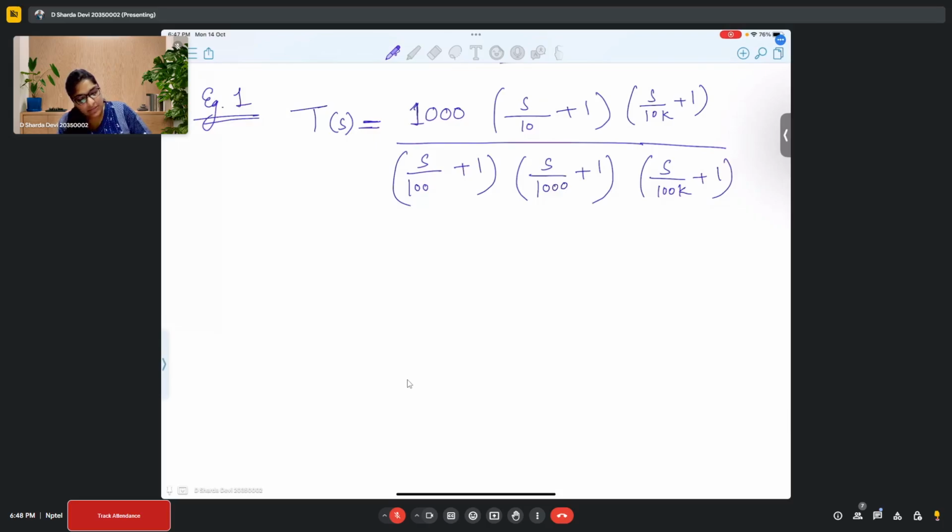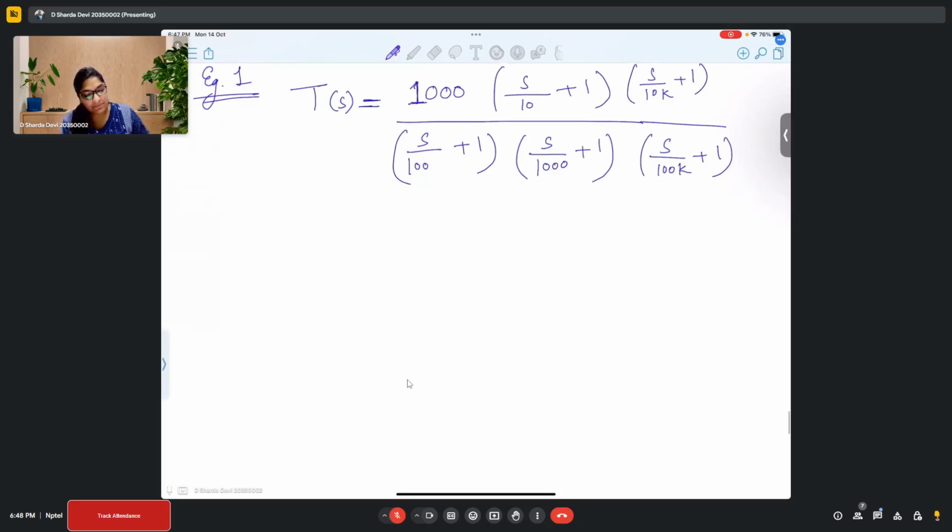So this is the first example. We are going to draw the Bode plot for this. So how do we draw the Bode plot? You would have two axes.